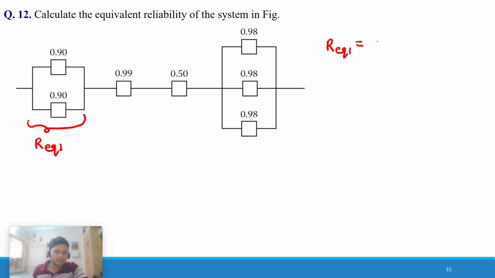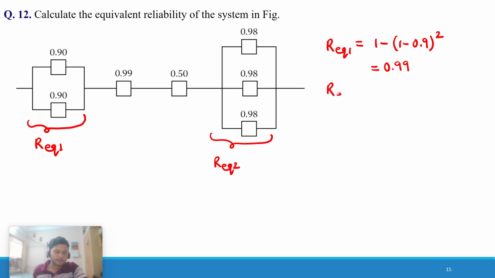So R equivalent 1, how can you find it? It is in parallel combination. So 1 minus, 1 minus 0.9 whole square. So it will give you 0.99. Now let us take this as R equivalent second.